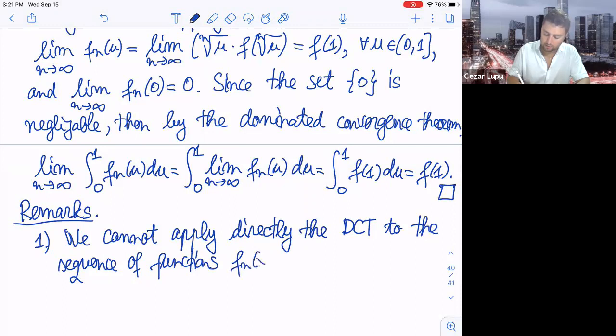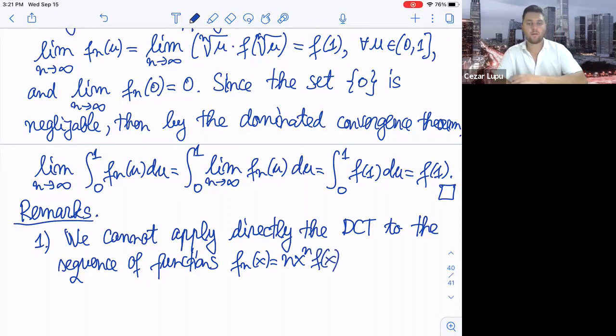to the sequence of functions f_n of x, where we consider n x to the n times f of x. We cannot do that, although the sequence of functions converges pointwise to 0 on the interval 0, 1, open at 1.